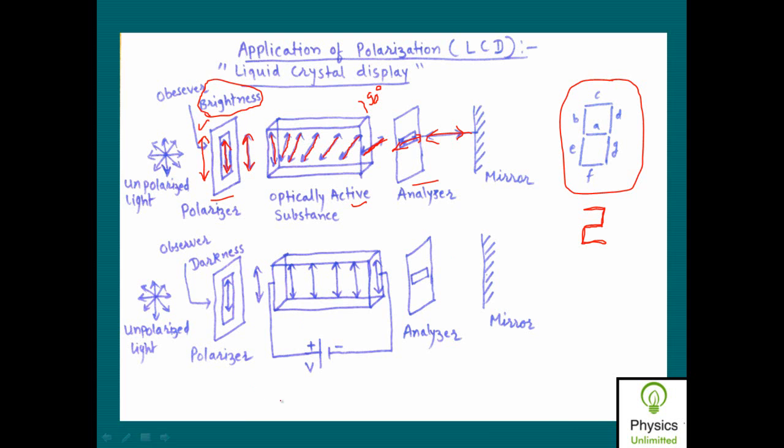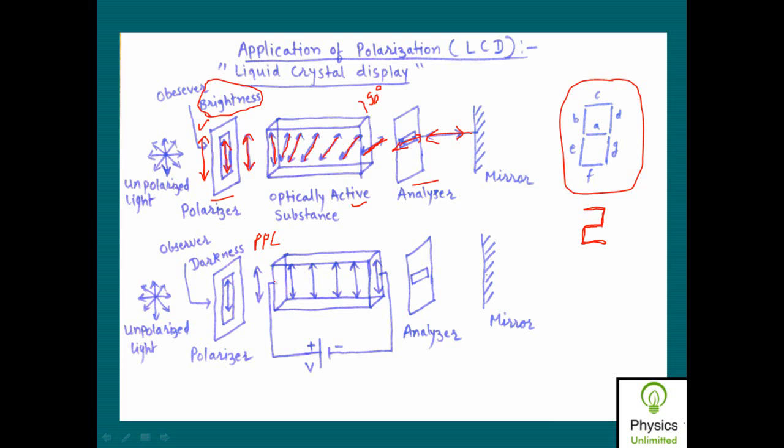While when you apply some potential difference to this optically active substance, it immediately loses the phenomenon of optical rotation. Now if I perform the same experiment again, when an unpolarized light is allowed to fall on the polarizer, here you get completely plane polarized light, because that is the function of the polarizer.